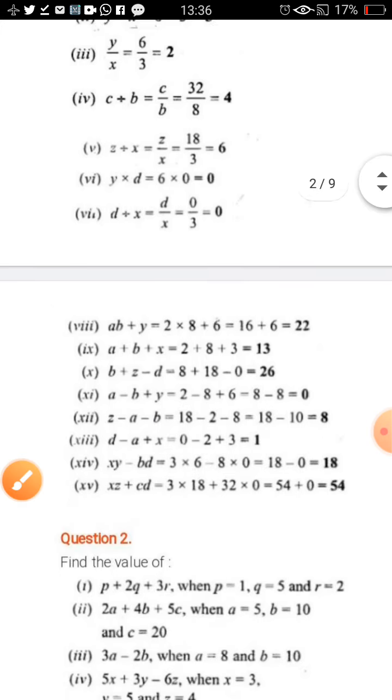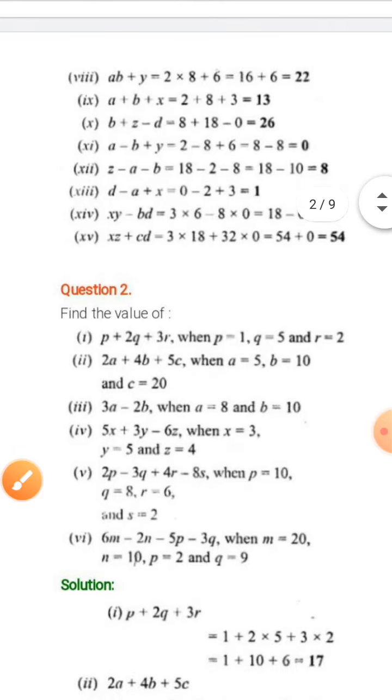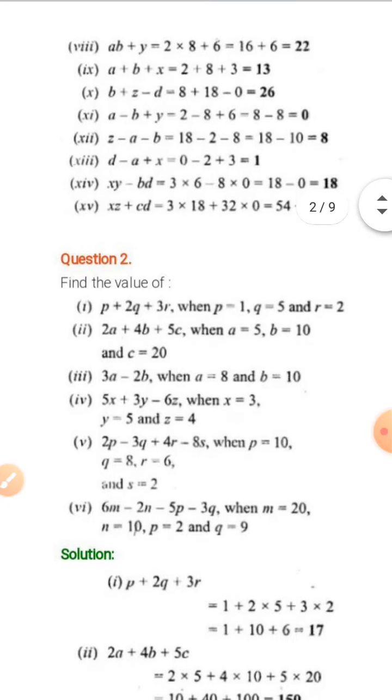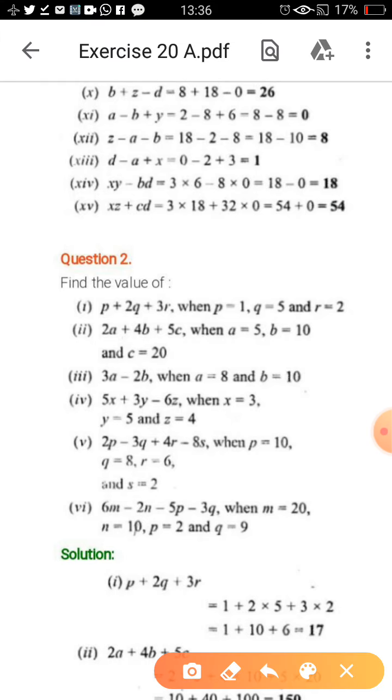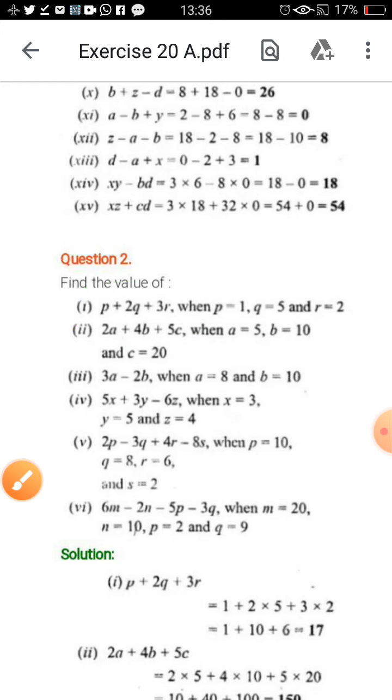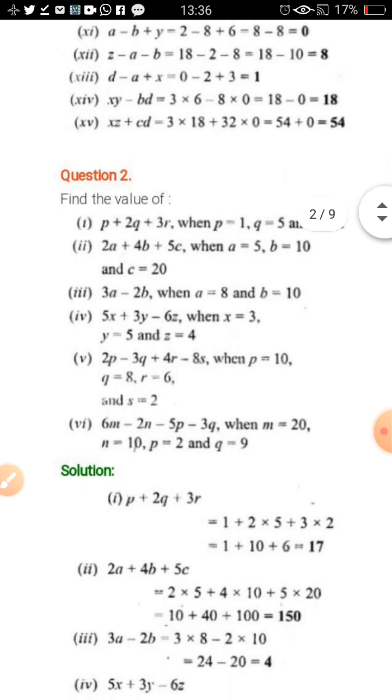Same way we can see the question number second also. The question given is p plus 2q plus 3r. Then put the values. We are going to put these values in the answer.